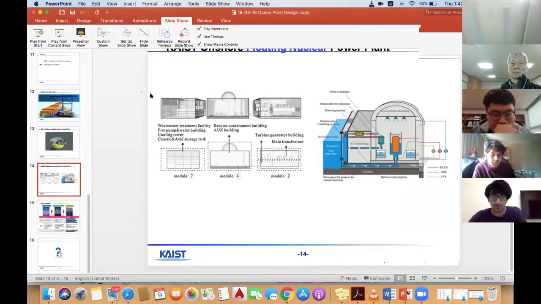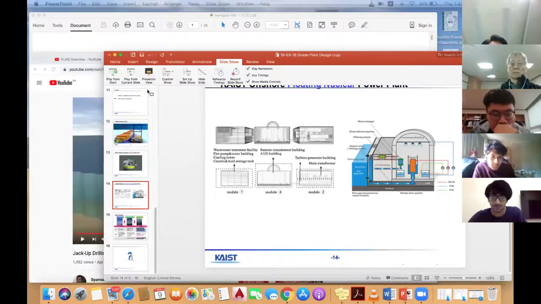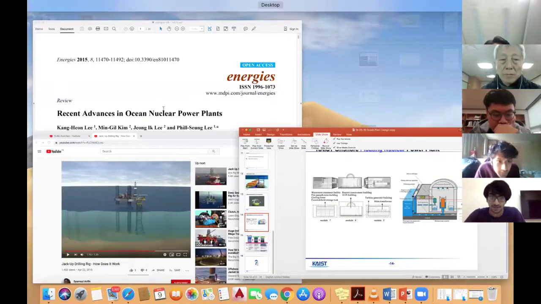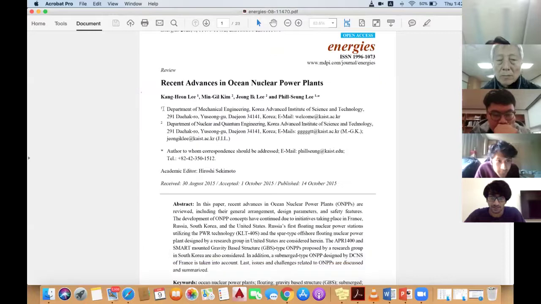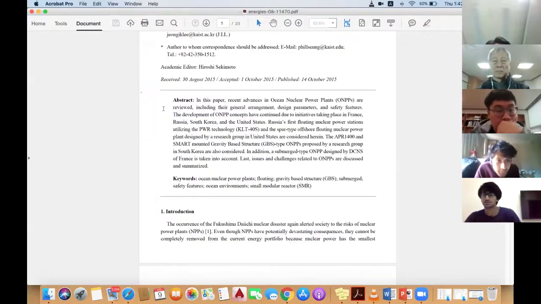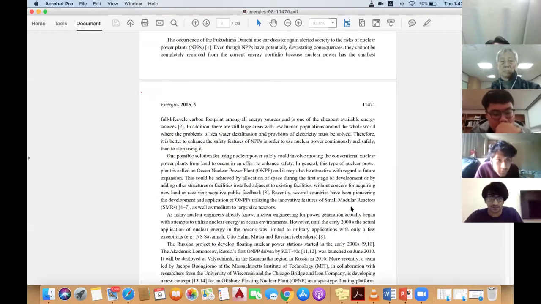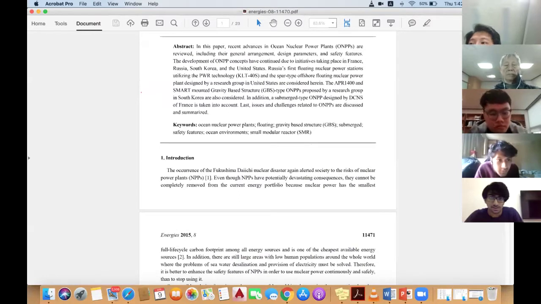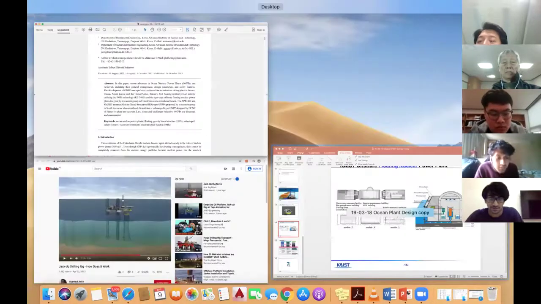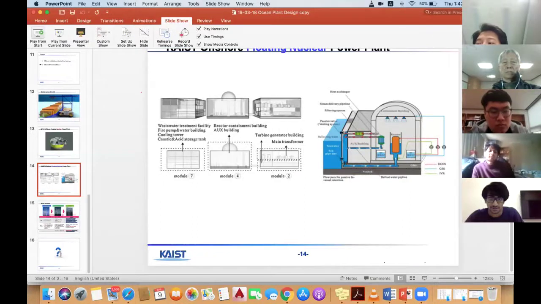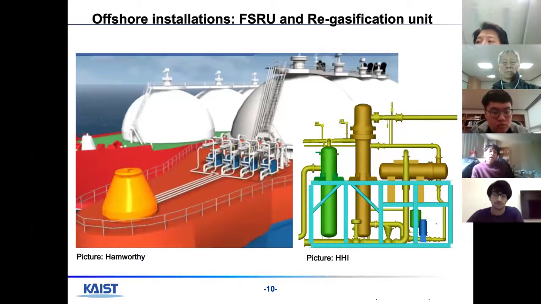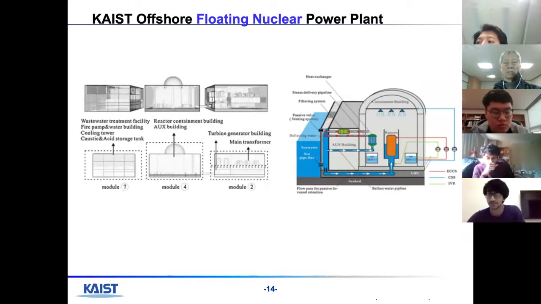If you want to look at the details, you can look up this paper. To test out their design, they also made a model of this one and implemented it in the sea, and it worked really well. And they did a lot of tests on it as well.